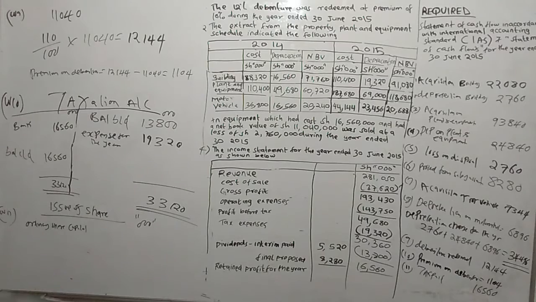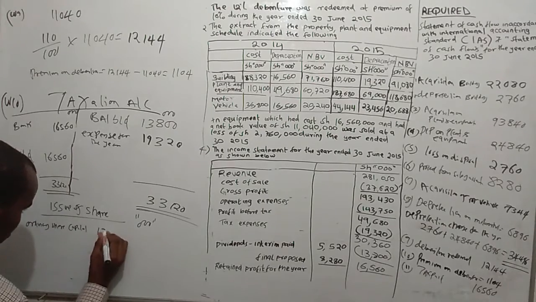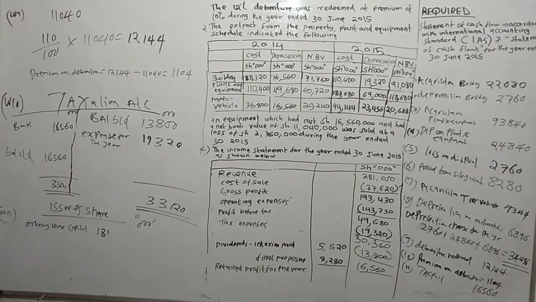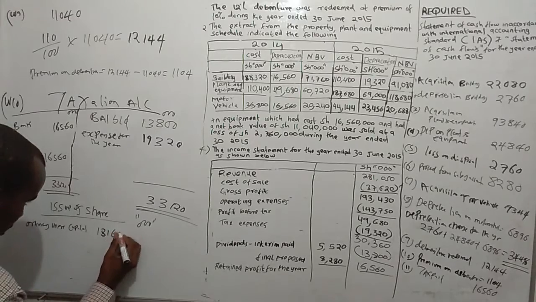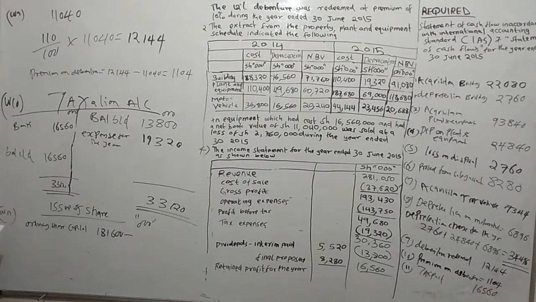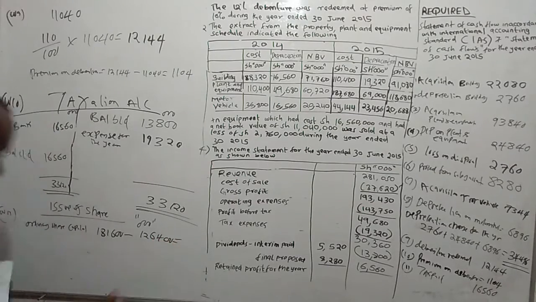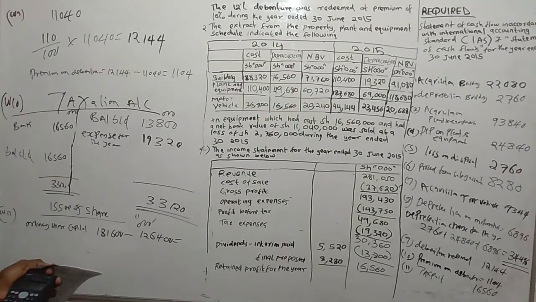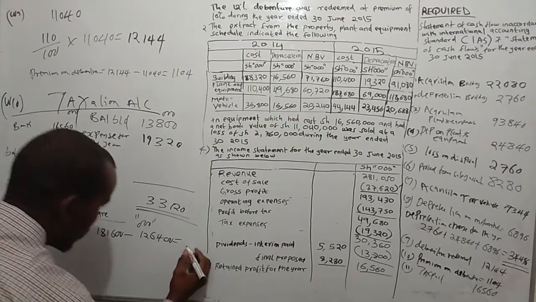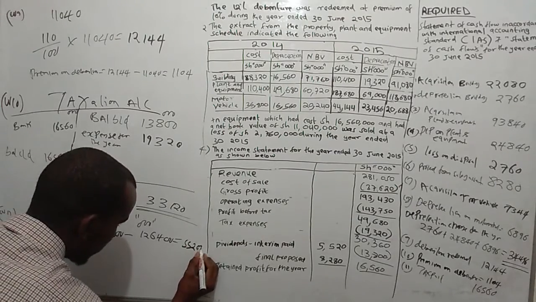For us to get that, we take 181,600 and subtract 126,400. So I will get how much? Coming to 55,200.